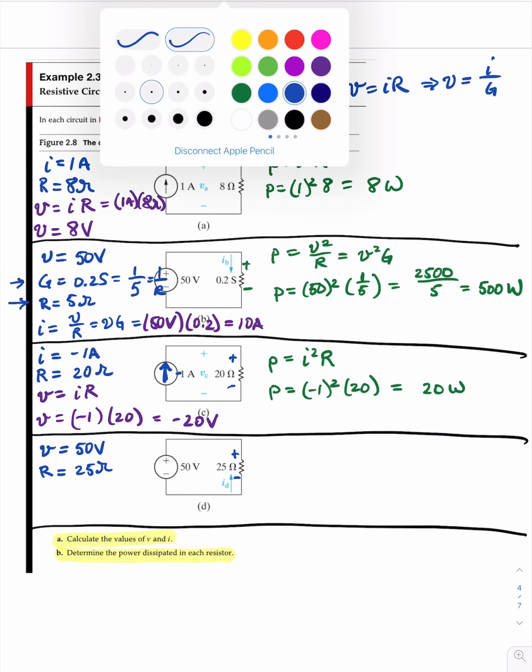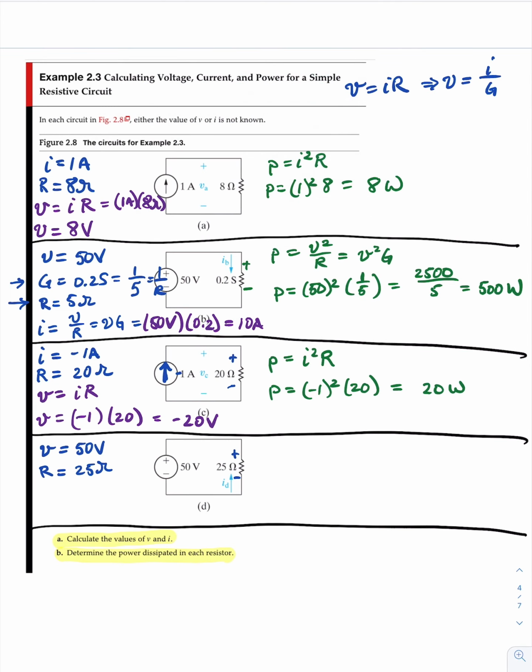So let's find current. Current is equal to V over R, and the current that I am defining is going in this direction, so it's the opposite of that one. So we'll have to change the sign. So this is 50 divided by 25, which is 2 amps.